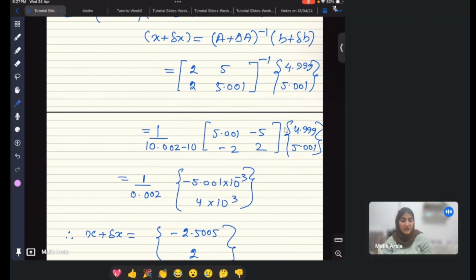Similarly in the other two we do the same way. As you simplify, the final characteristic equation we arrive at is minus lambda cube plus 241 lambda square minus 6222 lambda plus 27225.